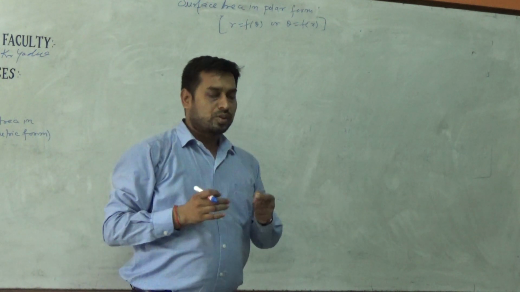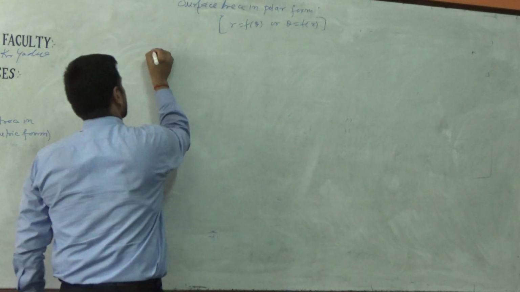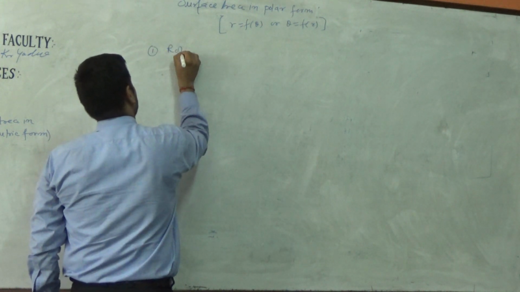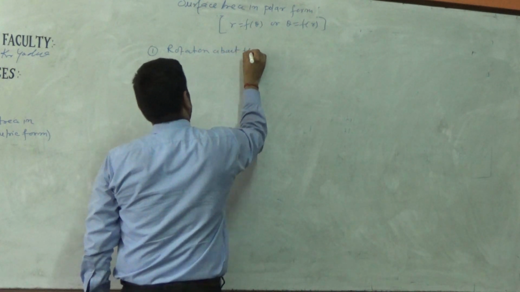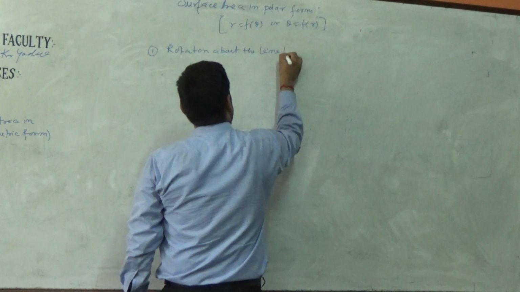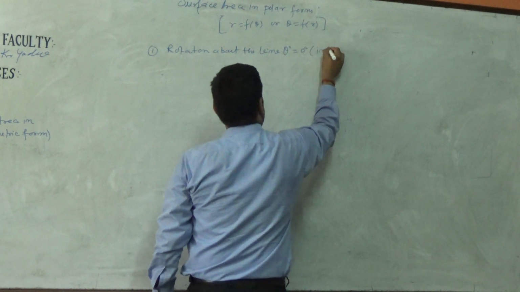Here also there are three situations of rotation. First, rotation about the line theta equal to 0 degrees, that is, the initial line.